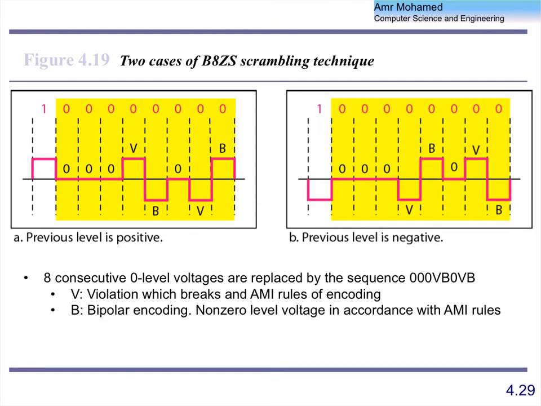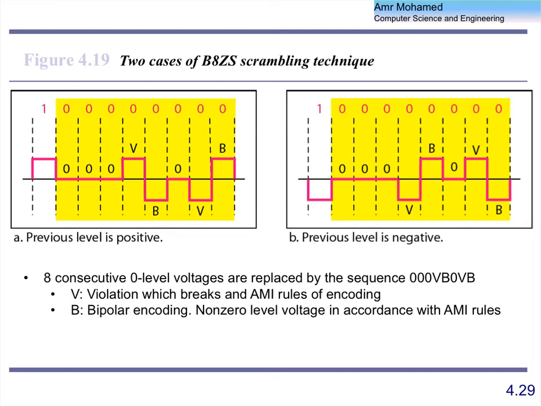I mean the last V, the second V. Yeah, the second V is done to balance out the positive and the negative. So the first is negative and the second is positive. Okay, instead of doing like this, we can do it like this.